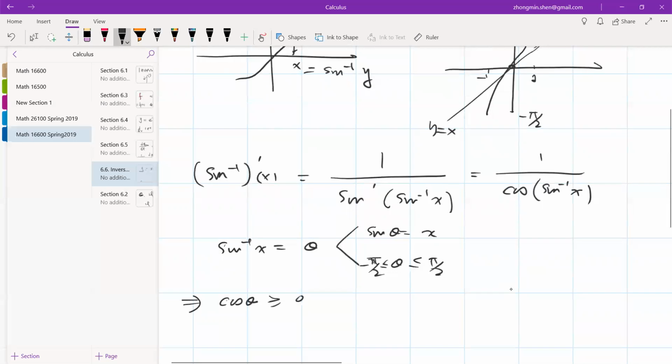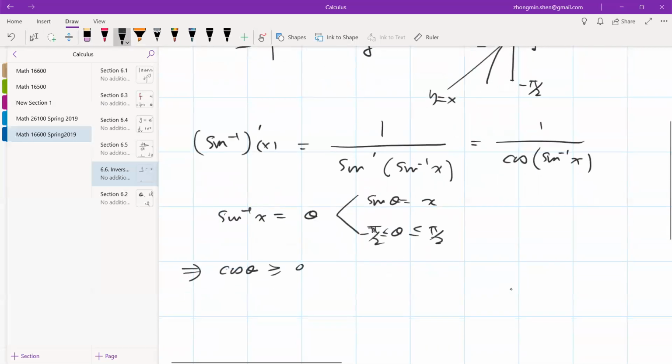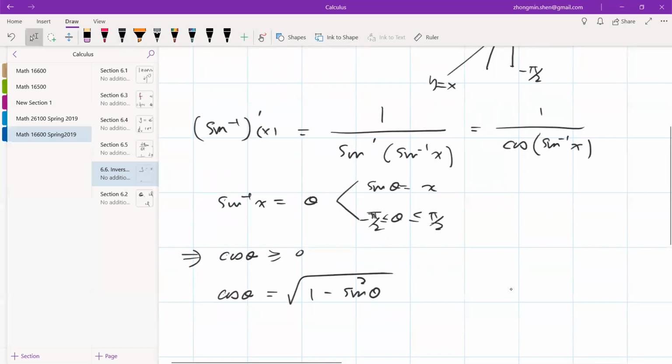That's good enough. Then cosine theta is going to be the square root of 1 minus sine squared theta. Otherwise, it would be plus or minus the square root of 1 minus sine squared theta. But I already know sine theta is x. So it's the square root of 1 minus x squared.